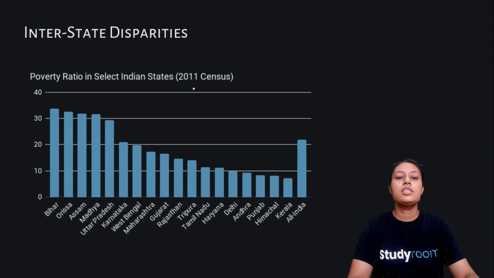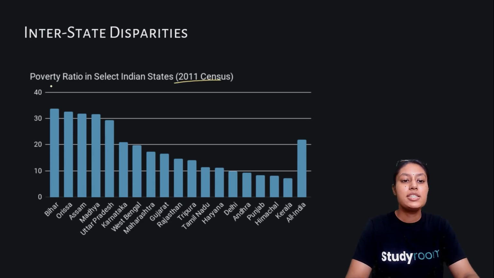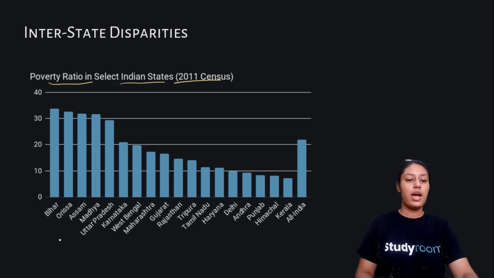Now, this is the data that we have from the 2011 census. It's the poverty ratio in select Indian states. So we have the data of Bihar, Odisha, Assam, Madhya Pradesh, and all other states and union territories.